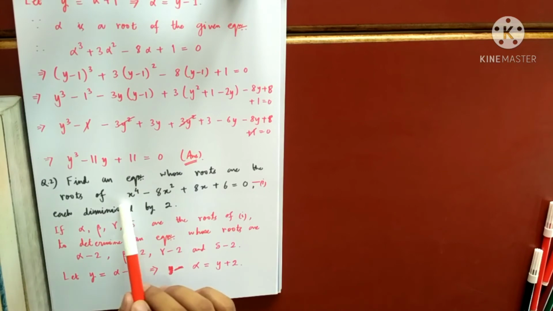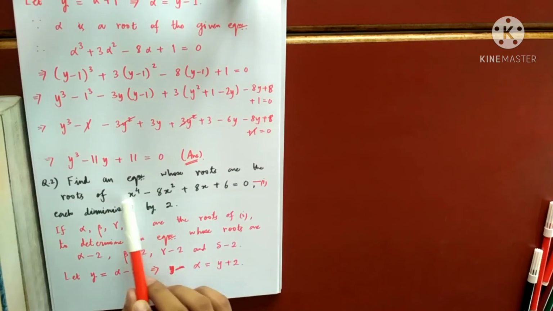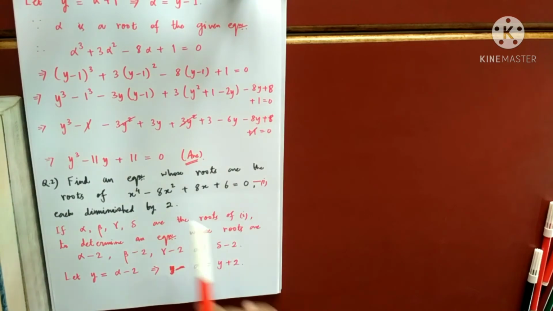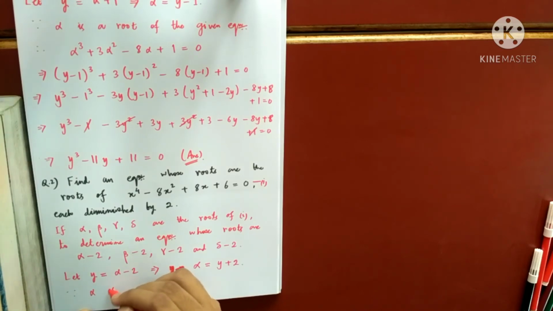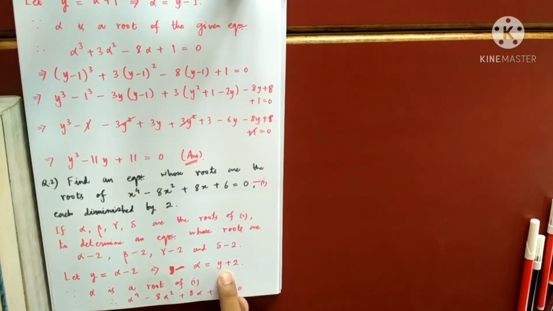What I'll do, in the given equation, I'll just put y plus 2 everywhere. That means, because alpha is the root of this equation, alpha will satisfy this. So since alpha is a root of 1, therefore alpha to the power 4 minus 8 alpha square plus 8 alpha plus 6 equals to 0. In place of alpha I'll put y plus 2 everywhere.